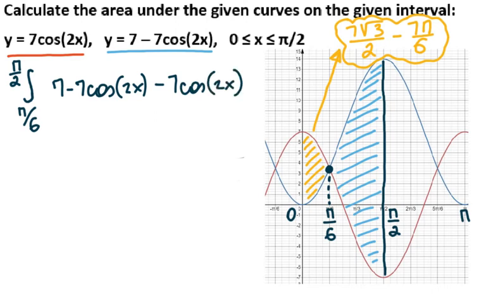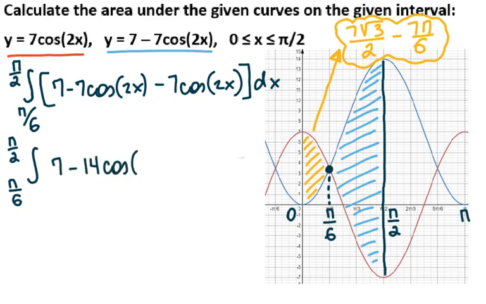So I subtract the bottom function from the top function. Then we have the integral from pi over 6 to pi over 2 of 7 minus 14 cosine 2x, and all of that dx.